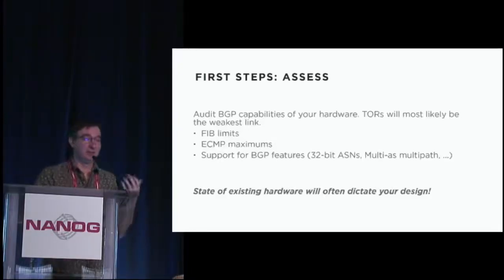FIB limits: the number of routes you can install in a FIB. How many ECMP next hops can you associate with a particular route? Support for specific BGP features such as 32-bit AS numbers and multi-AS multipath. A number of devices will not ECMP across different AS paths, which was a fun one we had to figure out a solution for on the fly at one point. And in a lot of ways, the state of the existing hardware will in fact dictate your topology and your design.